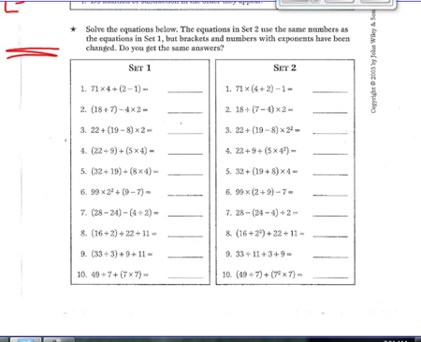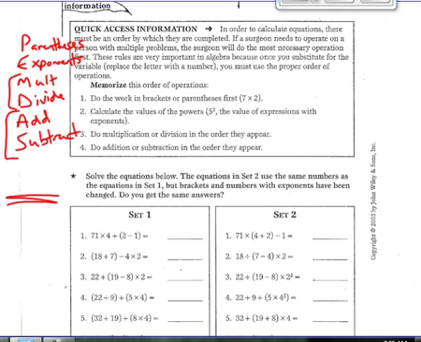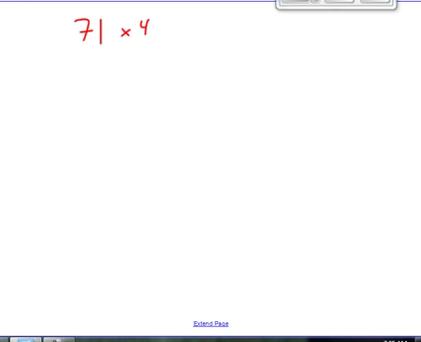So I've got 71 times 4. Let's get a new sheet here. 71 times 4, and then plus 2 minus 1, and the 2 minus 1 is in parentheses. So I want to follow PEMDAS, so I start with parentheses.